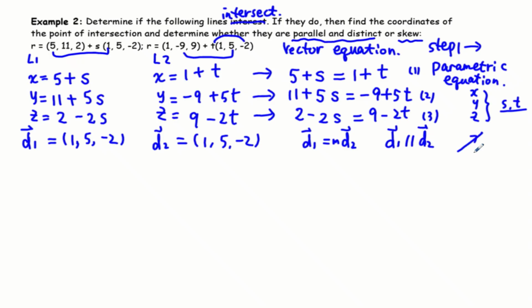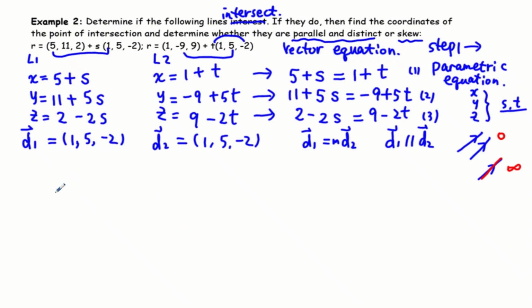So it's actually the same direction. So they are parallel, and we want to find out if they have infinite points of intersection or 0. So we want to solve it.